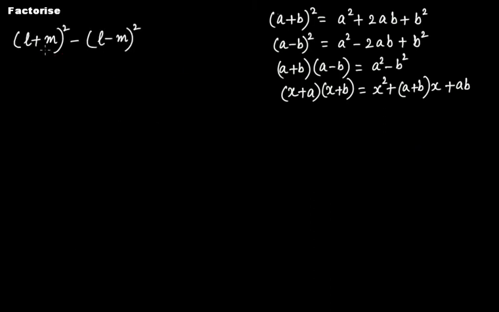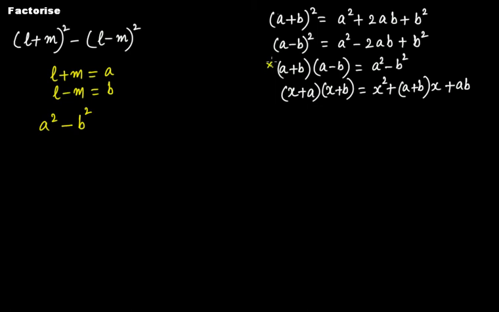Here you have (L plus m) whole squared minus (L minus m) whole squared. If we take L plus m as A and L minus m as B, this is of the form A squared minus B squared. What is A squared minus B squared?